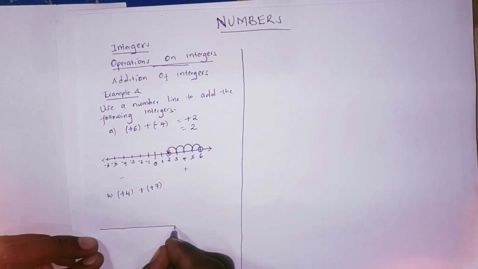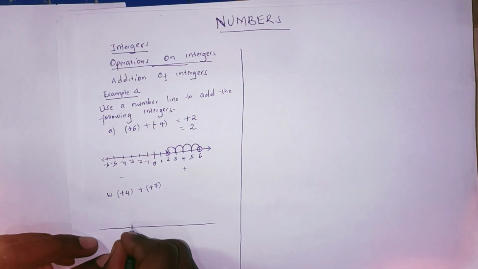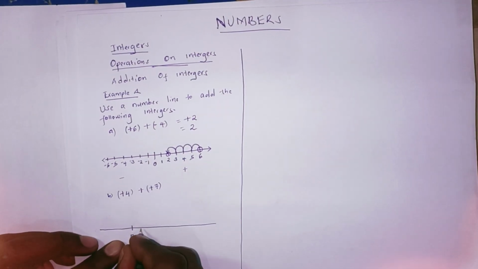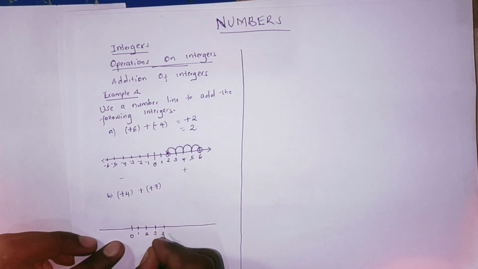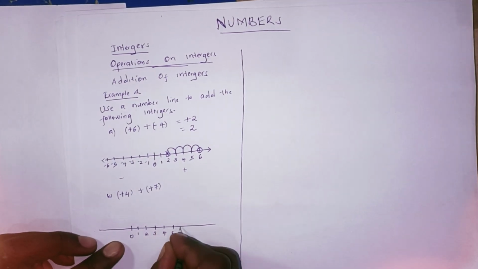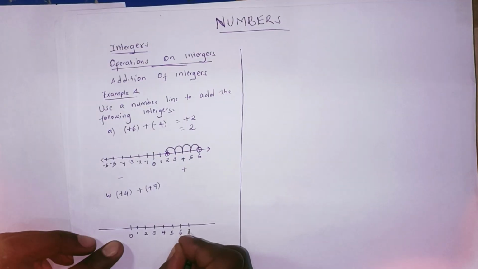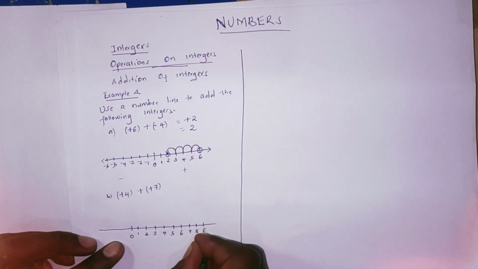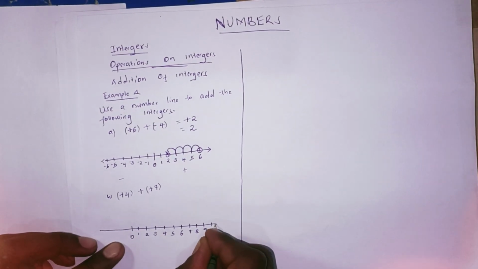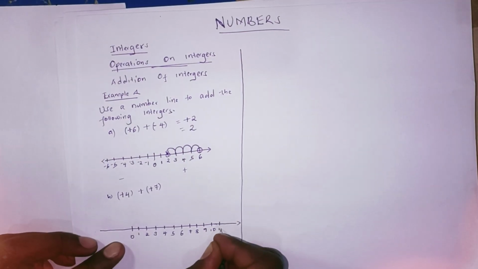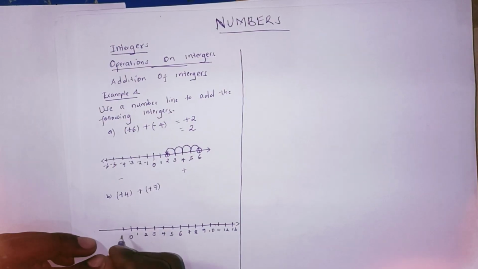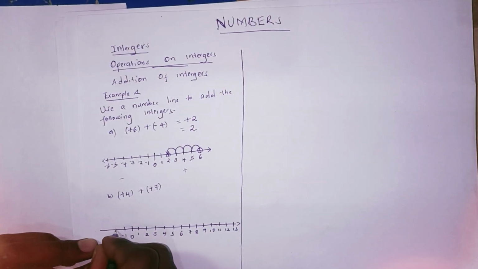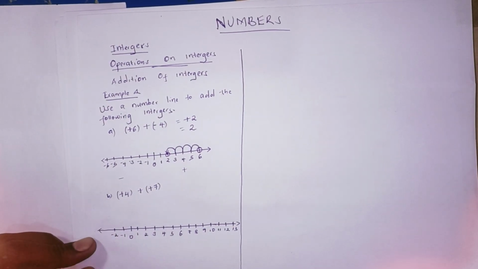In this case, because of space, I just write here. This one is 0, then this is 1, 2, 3, 4, 5, 6, 7, 8, 9, 10, 11, 12, 13. Let me leave it at that point and try to include here -1 and -2. Then I show an arrow to show that they are continuing.